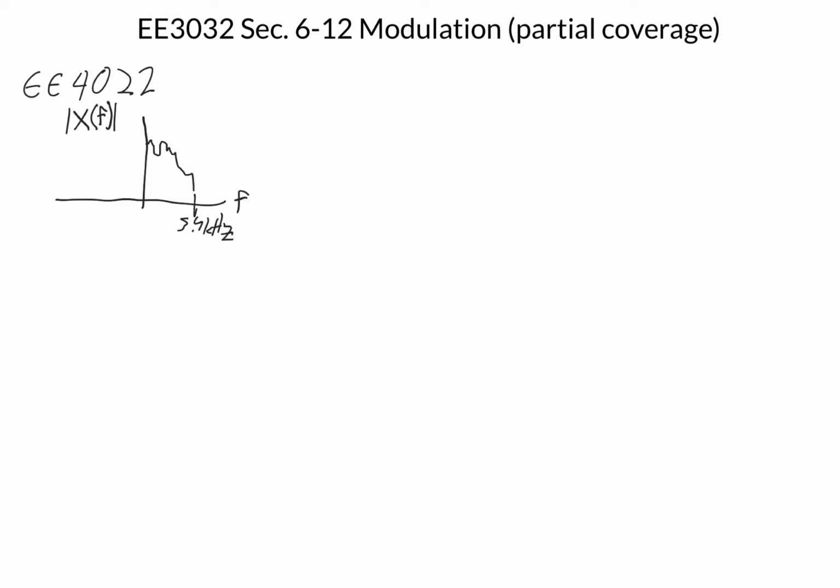And there may be some energy above 3.4 kilohertz, but we choose some band limit at which we're going to filter out or remove that. Now, for very high quality audio, we might set a much higher limit than this 3.4.